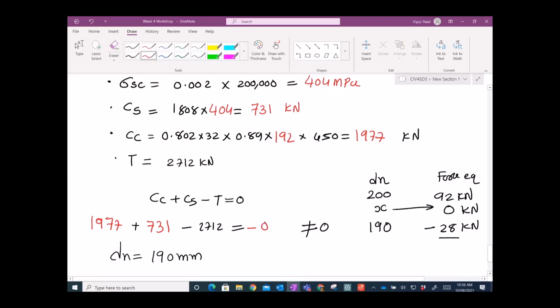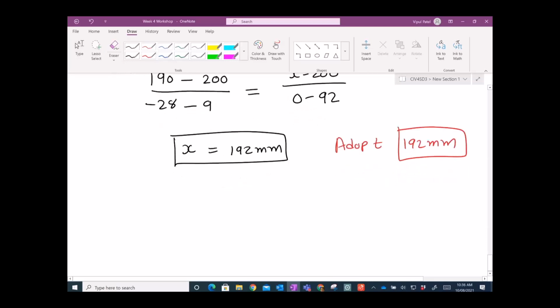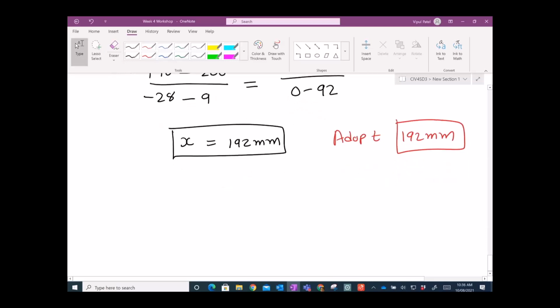So it's almost 0, which is equal to 0. So we can add up 192 millimeters. That will just give us the equilibrium of this strand. So I think 192 dn is okay now. Now this is the strand dn that we have done.